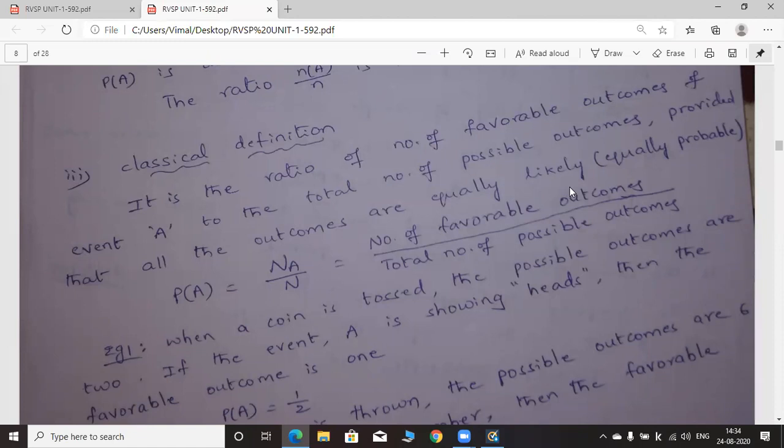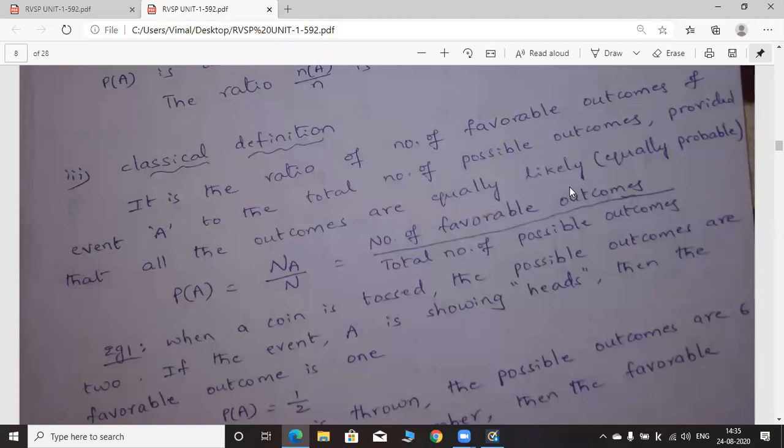We have 6 possible outcomes for that experiment, the numbers 1, 2, 3, 4, 5, 6. So if you want to get an odd number, here the odd number is our favorable event.